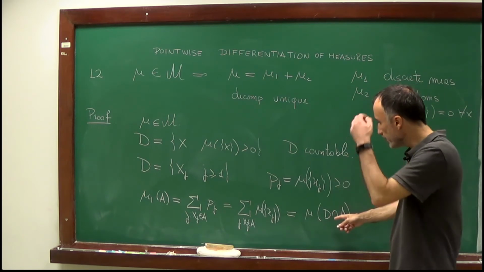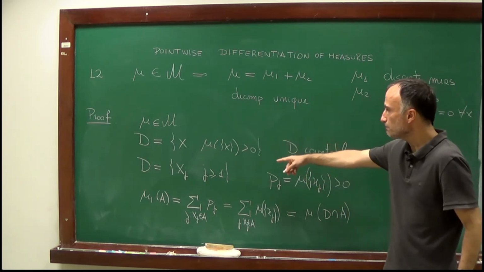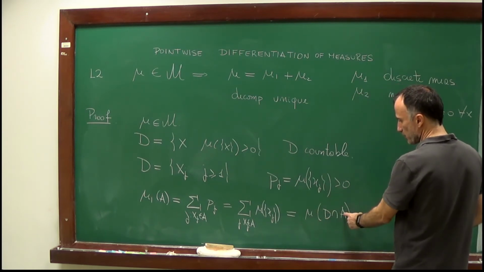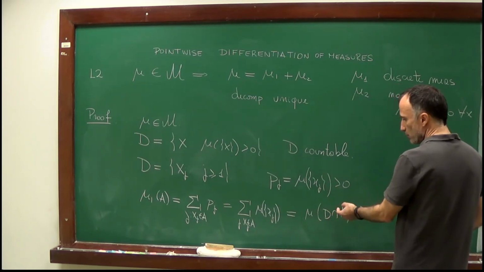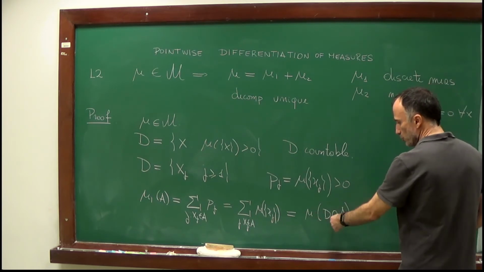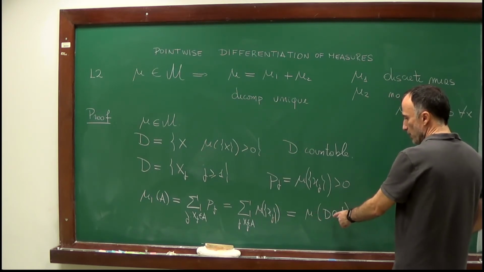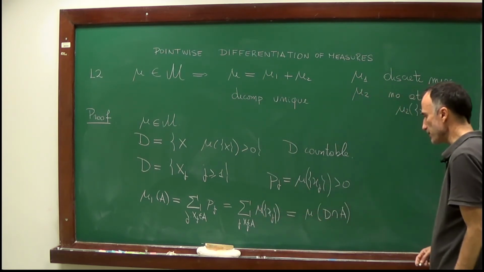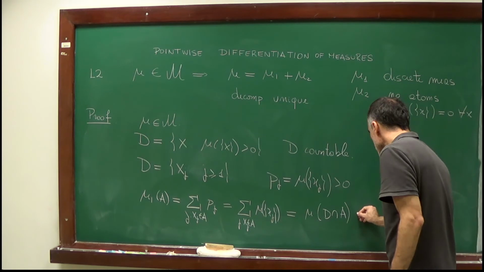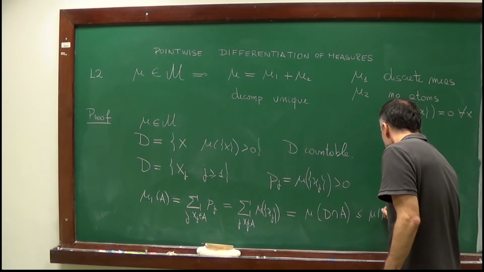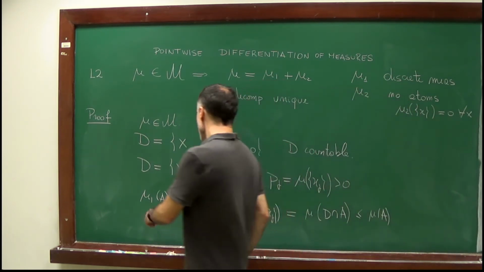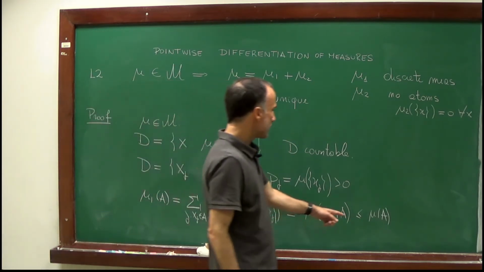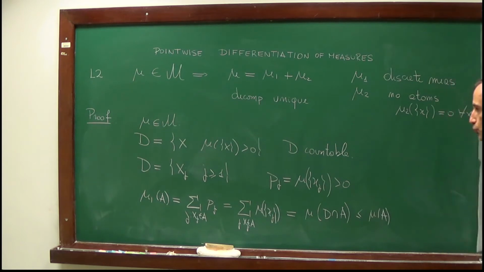Because D I can enumerate as the xj, so I can take the sum, and there I get xj intersection A, so that will be the empty set, and therefore mu of the empty set is 0 if xj doesn't belong to A, and it will be mu of xj if xj belongs to A, so I get this identity. And therefore this measure is smaller than mu of A. So I get that this measure mu1, which is a discrete measure, is smaller or equal than mu.